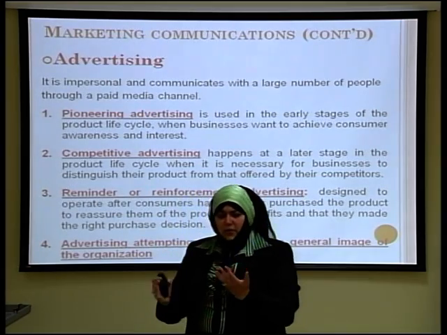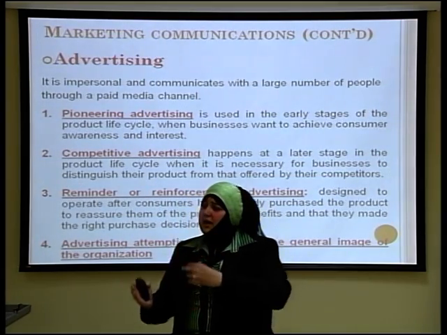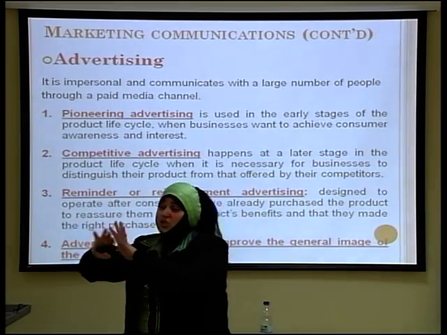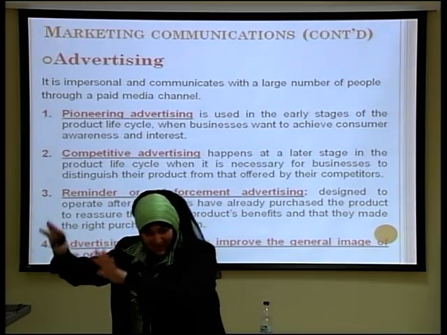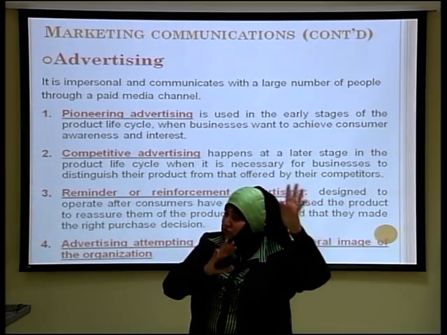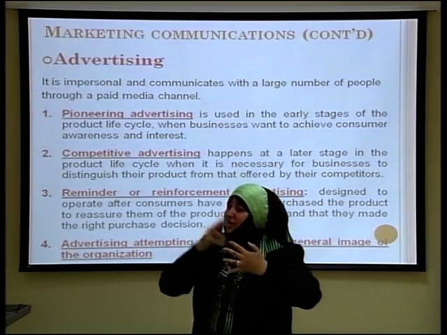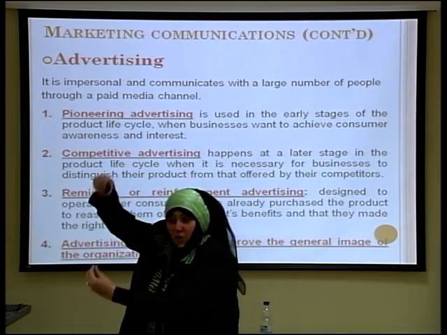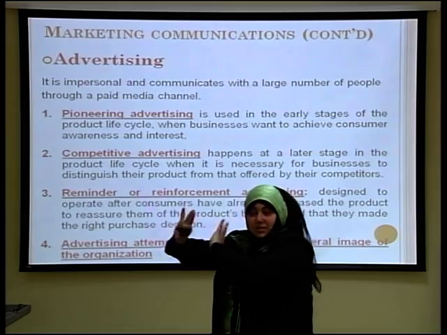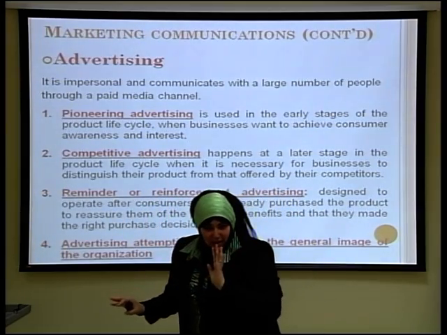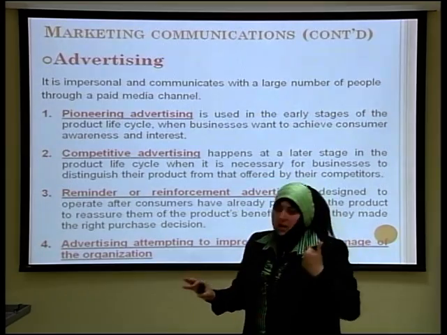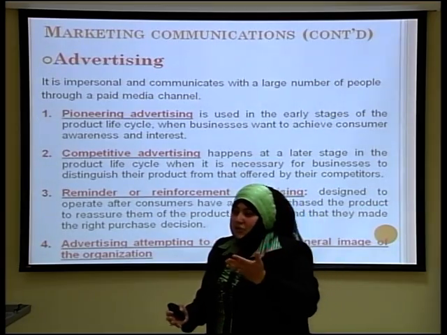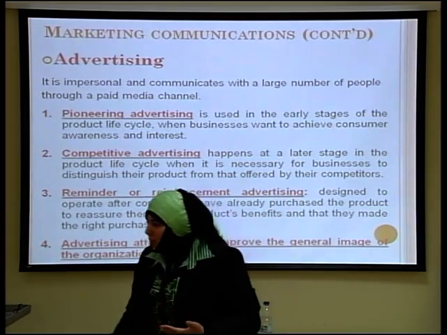Here in Egypt, you can find them bringing a detergent, for example Ariel or Persil, and another detergent which does not have a name, unknown. They say our detergent is better because it cleans better, it is less expensive and so on, but they do not name the unknown one. So it's not the typical comparative advertising. In the States, they have comparative advertising. They say that Toyota is better than Ford. Why?